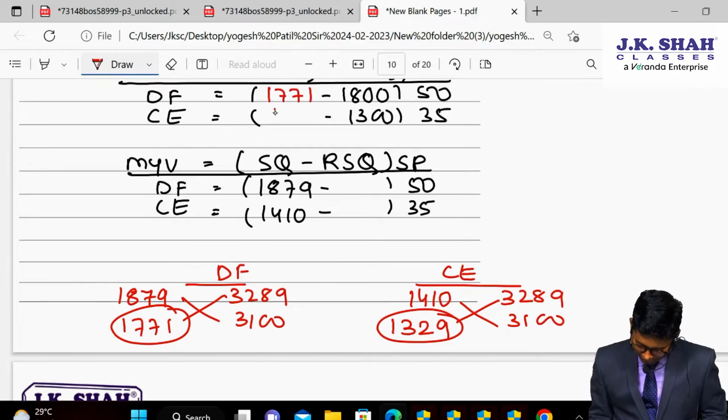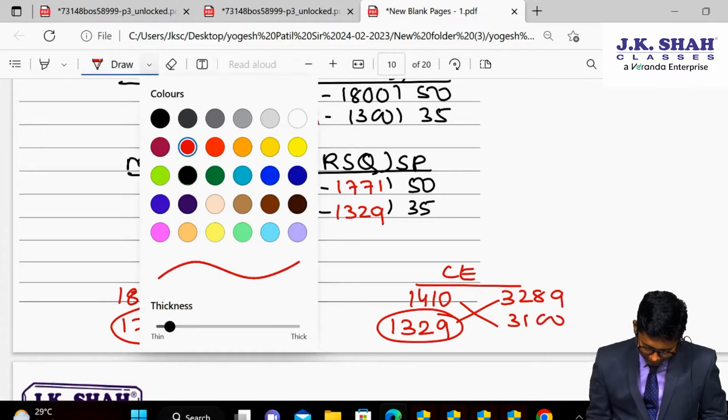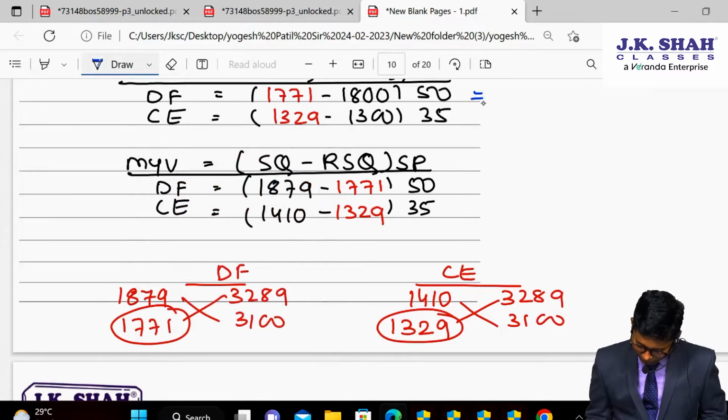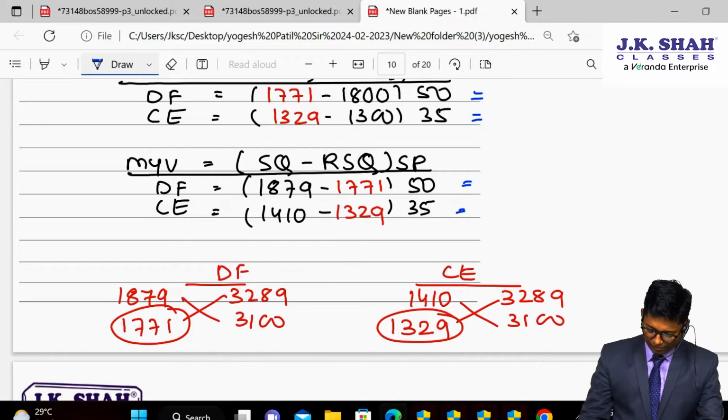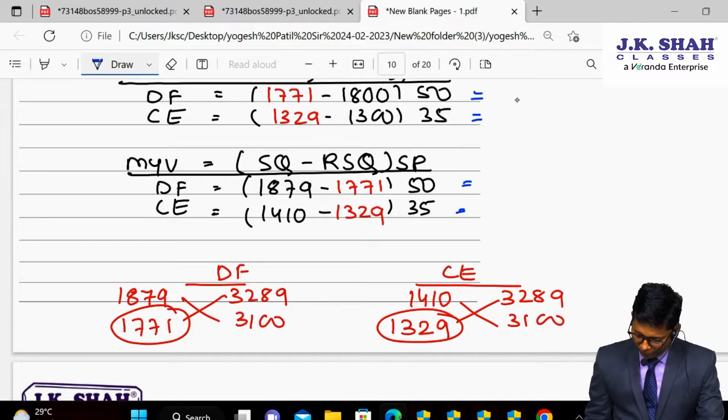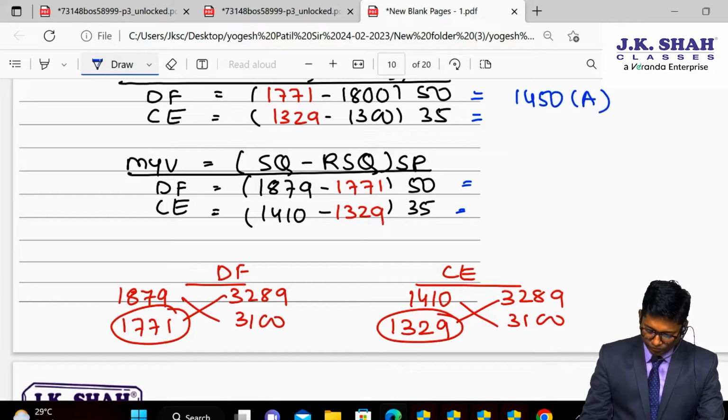So these figures I have computed and I am posting them in my formula: 1771 and 1329. Let's calculate the pending calculation. 1771 minus 1800 into 50 will give you 1450 minus, which is adverse. 1329 minus 1300 into 35 is equal to 1015.